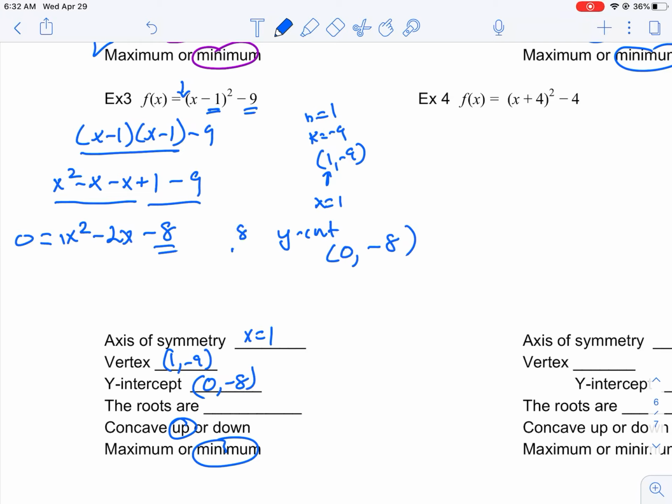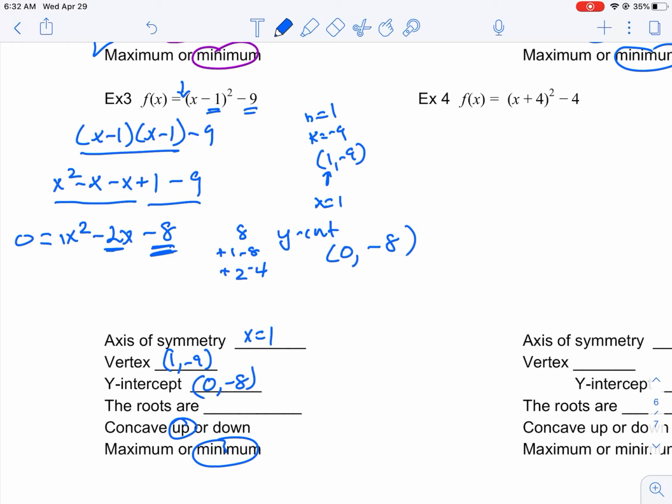1 times 8 is 8. That's 1 and 8, 2 and 4. Now, it looks like I have a little mistake on here. Let me see. Nope, it'll work out good. Okay? So the signs are different. The large one's negative.